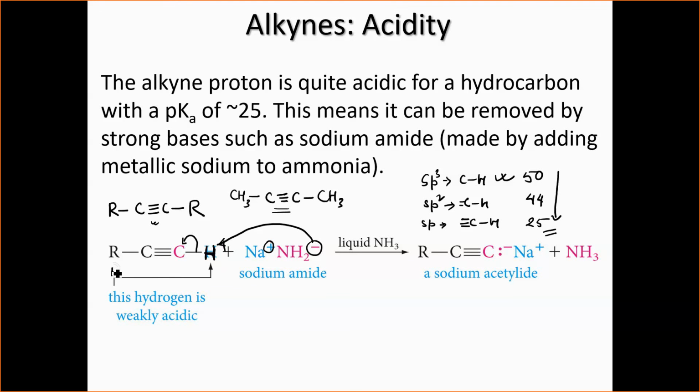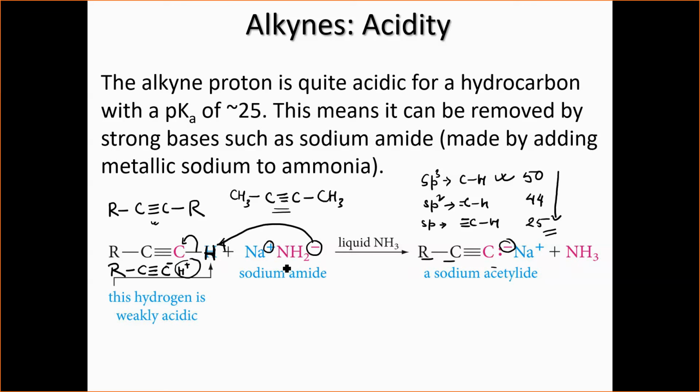Not that it actually happens like this, but just to understand. R, C triple bond, C, H. That means you can write H plus here and minus here. So basically, this amide abstracts the H plus. This H plus is gone. So what remains is R, C triple bond, C with a negative charge.